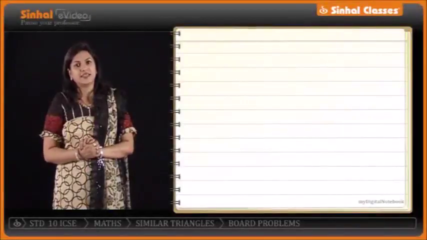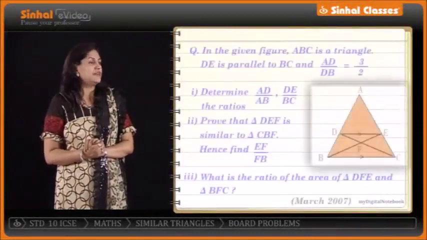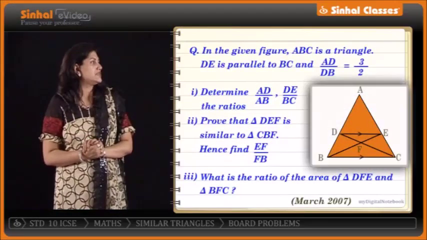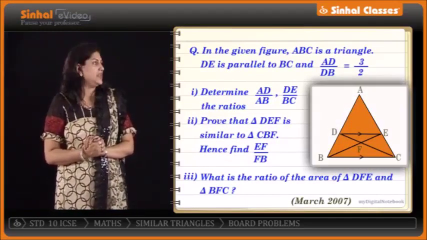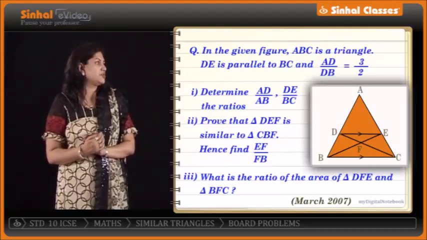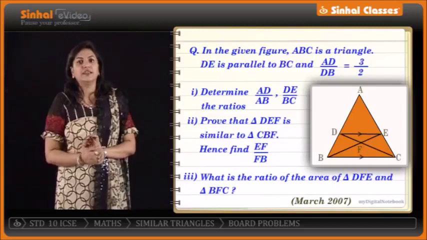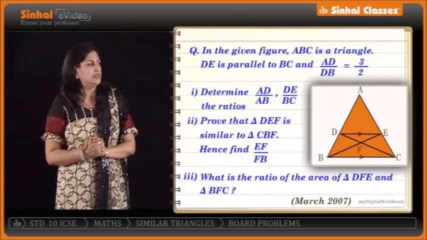Now, let's take the next board problem, which is the March 2007 board question. In the given figure, ABC is a triangle, DE is parallel to BC, and AD upon DB is equal to 3 upon 2. Determine the ratios AD upon AB and DE upon BC.